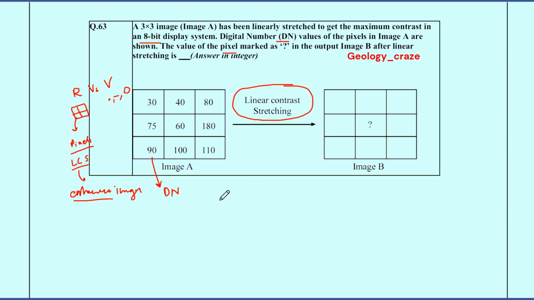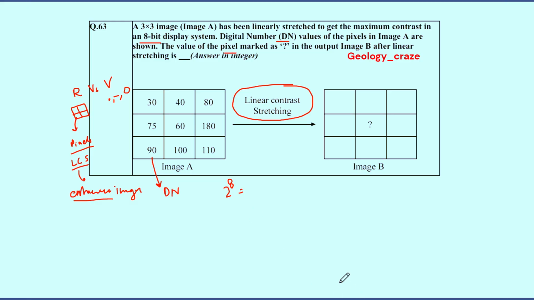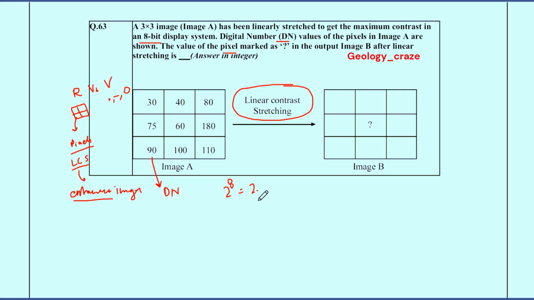So 8-bit means 2 raised to the power 8, which is 2 into 2 into 2 and so on, giving 256. I have already mentioned one question, and that question's answer will come from this. Just focus on this point.